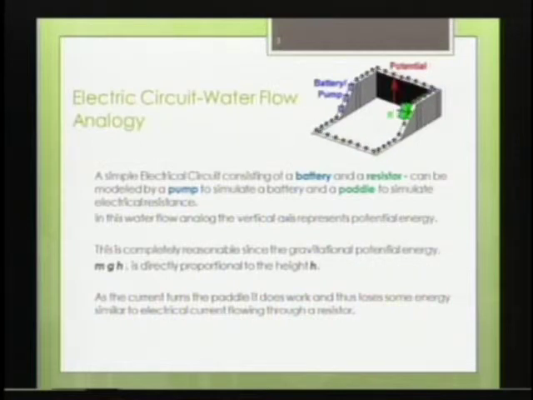What do I have in terms of the voltage difference, the potential, in my water flow analogy? It was a difference of height between low and high, right? What do I have instead of the battery, instead of the pump? You have a pump, the wheel, right?